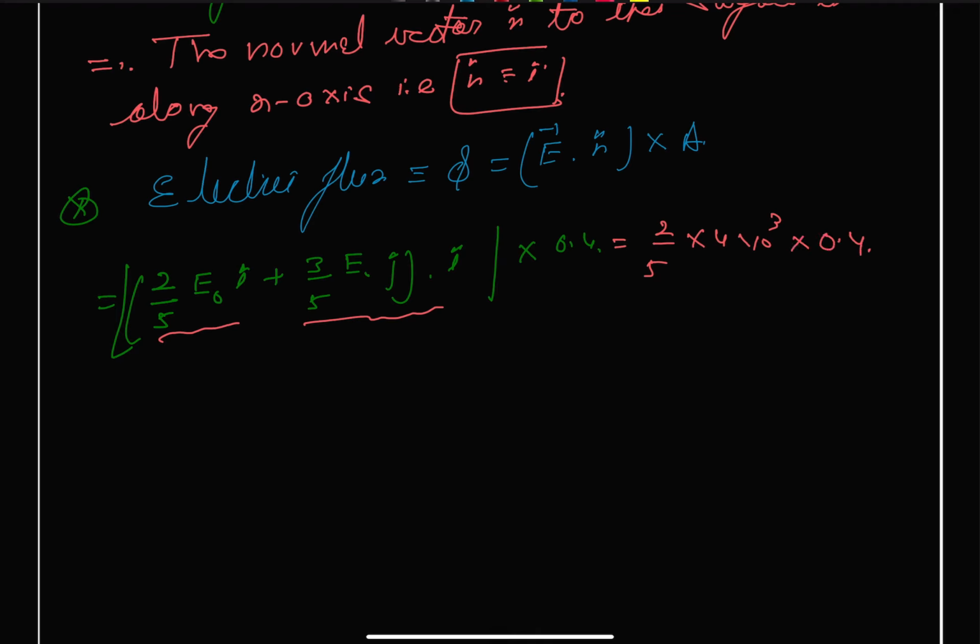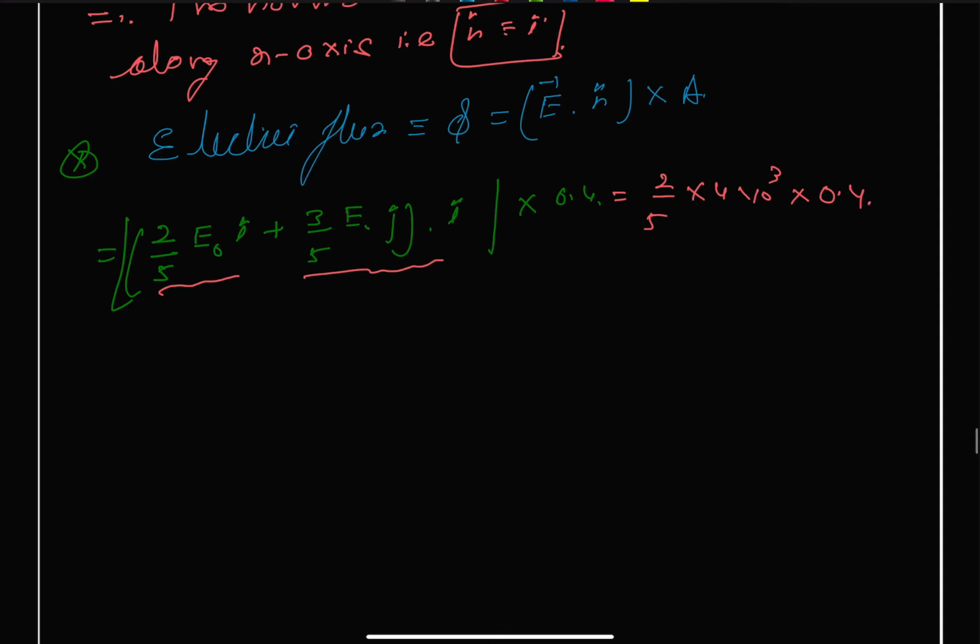Therefore, we get our flux phi will be equal to 8 divided by 5, 8000 divided by 50. Now, one second.